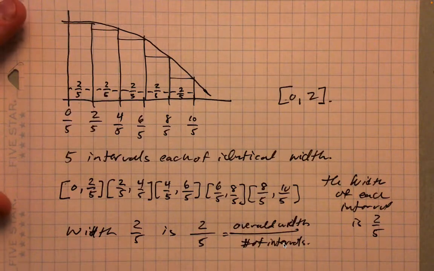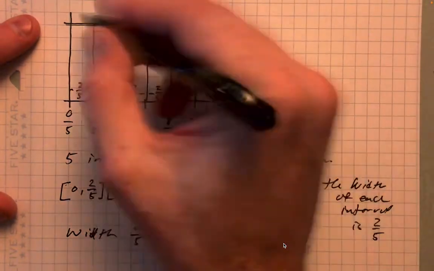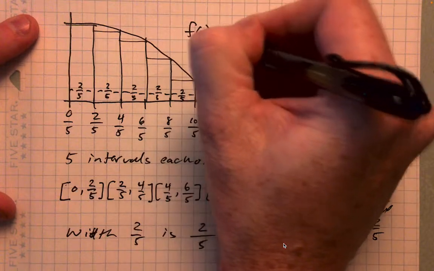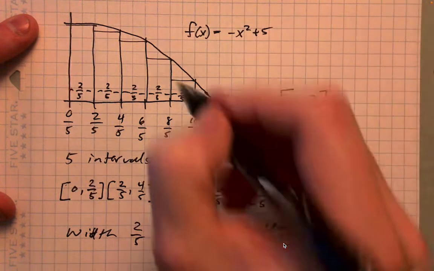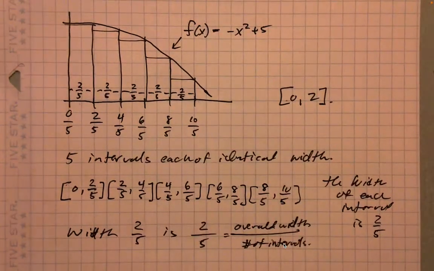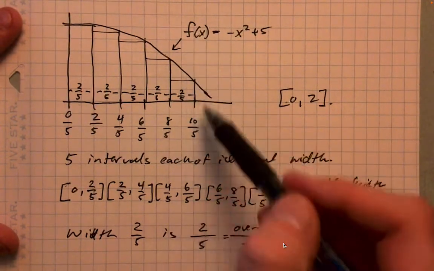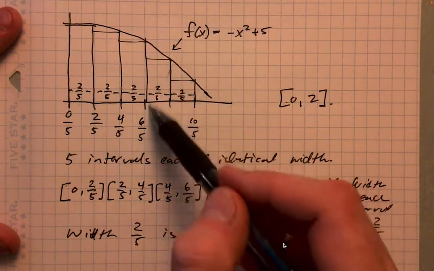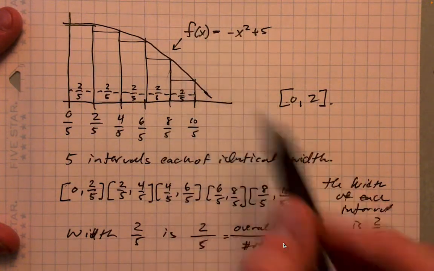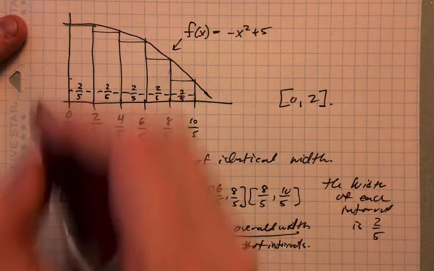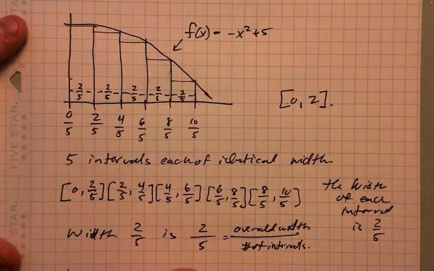Well, there's a function. In this case, the function I've drawn here is negative x squared plus 5. That's the actual function. So what's the height? The height can be identified by evaluating one of the endpoints, either the left-hand or the right-hand side, inside the function.